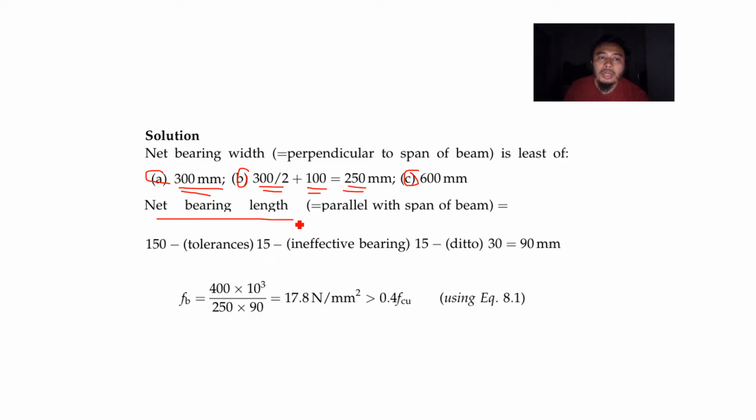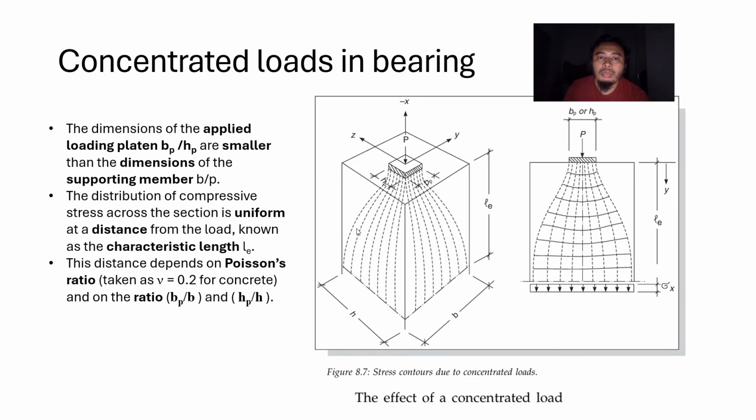And then for the net bearing length, you need to subtract the ineffective length to get the effective bearing length. You have your nominal bearing length 150 minus the constructional tolerance of 15 mm. And then you also have an ineffective bearing of 15. You need to refer back to your table here.